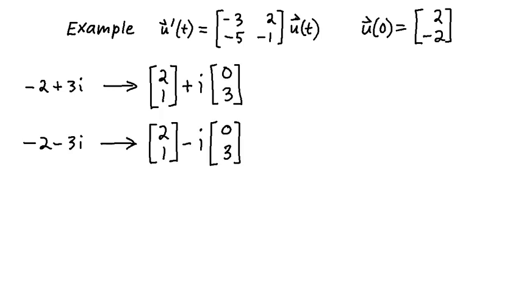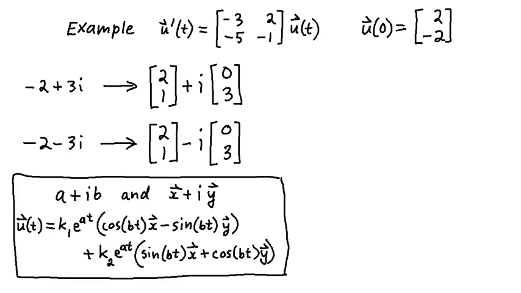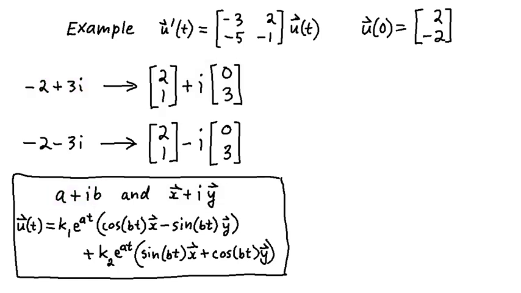For reference, here again is the formula we want to apply. To be clear, we'll take the various pieces for our formula from the first of our two eigenvalue-eigenvector pairs. Plugging these pieces into the formula, we obtain this.